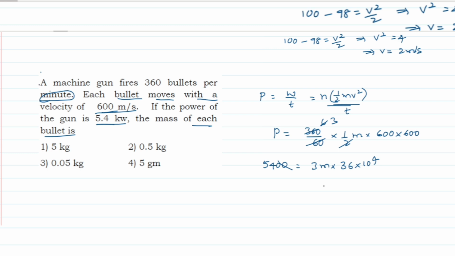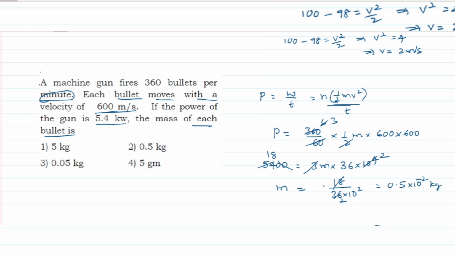Here 2 zeros get cancelled, leaving 10 power 2. 3 18 times, so m equals 18 by 36 into 10 power 2. This is 1 by 2, so we get 0.5, which is 0.5 into 10 power minus 2 kilograms.